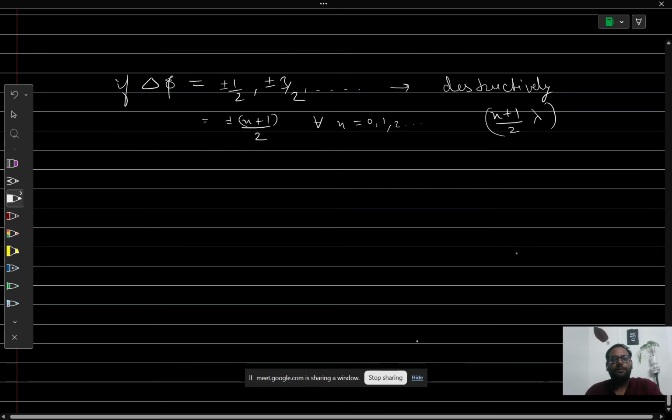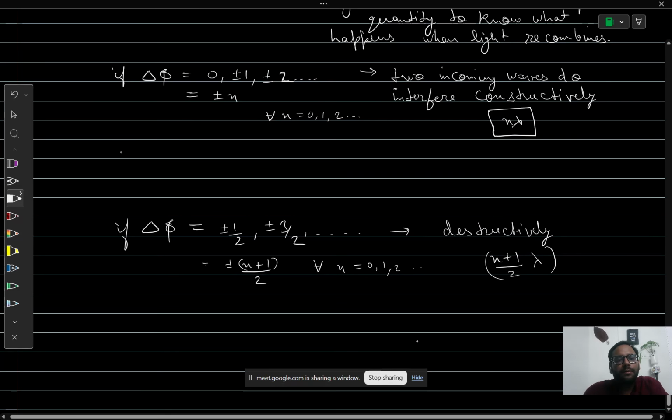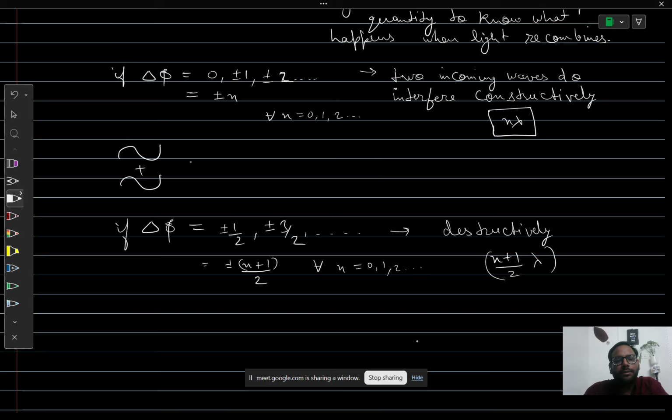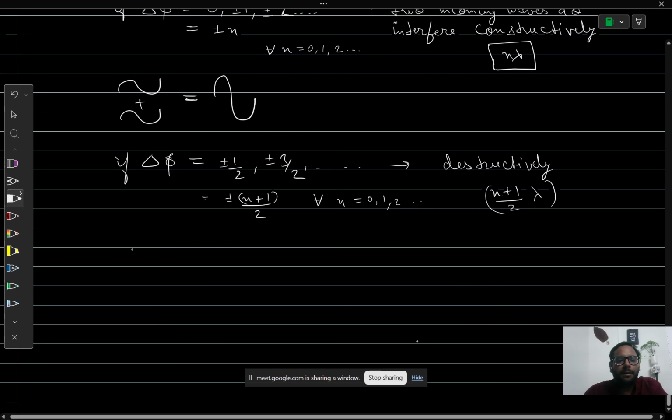Okay, so we can just see like this. When you combine both, their difference is just zero, so they will combine constructively like this. Their amplitude will be added up.